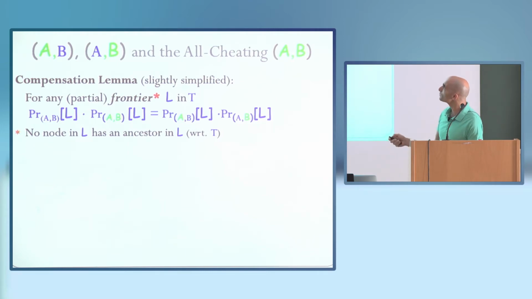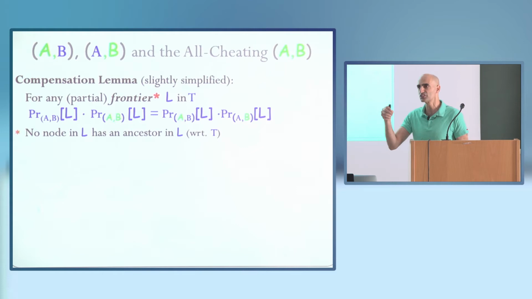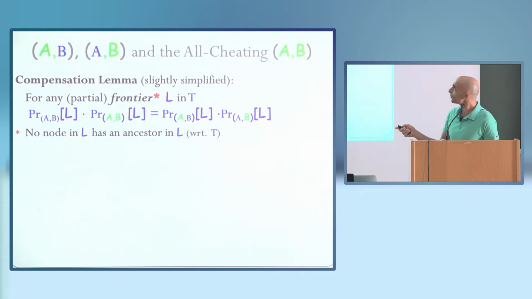This is done by proving a lemma which we call the compensation lemma, stating that for any partial frontier, where a partial frontier is a set of nodes such that there is no pair where one is the ancestor of the other, the probability of the all-honest execution times the probability of the all-malicious execution to fall in this partial frontier is the same as the product of the probability of falling there when A is malicious and B is honest, and when A is honest and B is malicious.